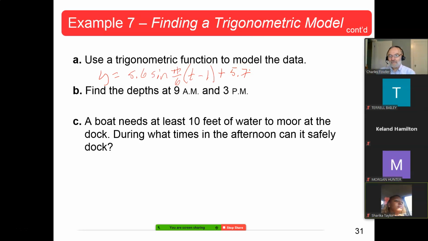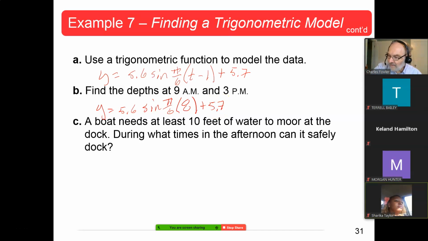That's our mathematical model, where t is the time since midnight. Okay? Well, they said 9 a.m. Find the depths in. Well, plug and chug. Y is equal to 5.6 times the sine of pi/6 times 9 minus 1, which is 8, plus 5.7.